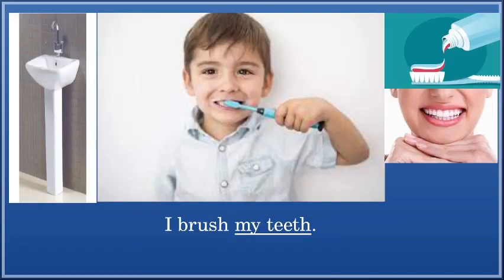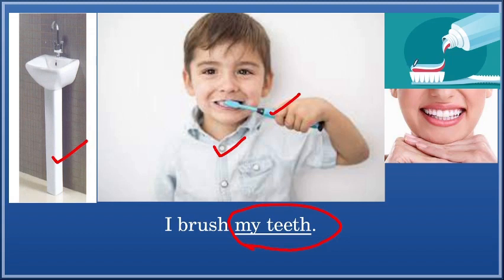The next is, I brush my teeth. Again, it's important that you say my teeth together. I brush my teeth. My teeth should be together. Then, what are the things you can see? We can see a wash basin, a boy holding a toothbrush.